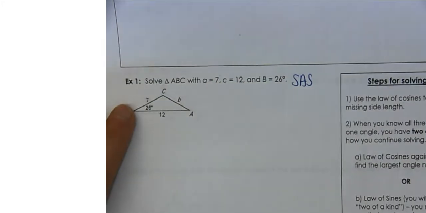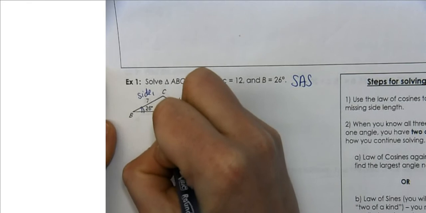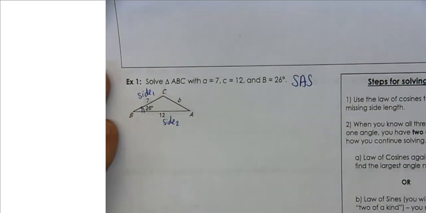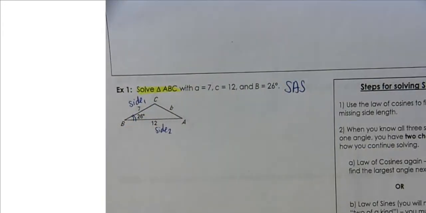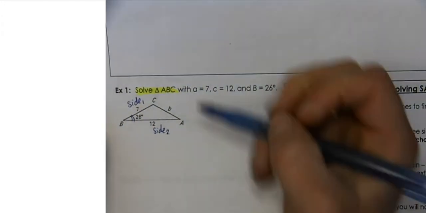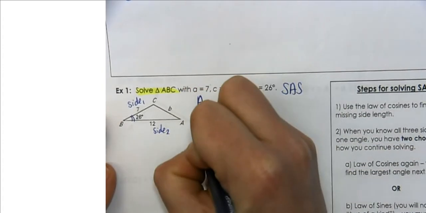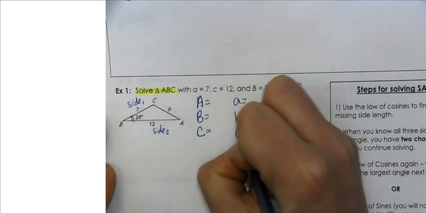So notice I have a side, an angle, and then another side. And what we want to do is solve this triangle. If we're solving this triangle, that means that we need to identify all of our pieces: angle A, angle B, angle C, little a, little b, and little c.